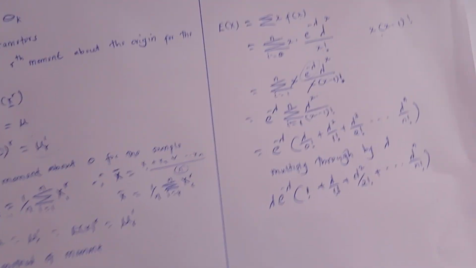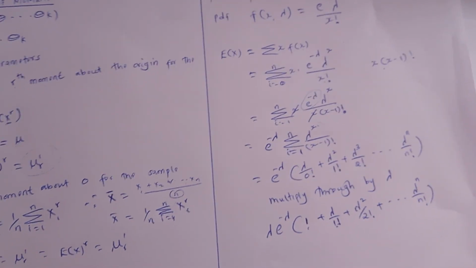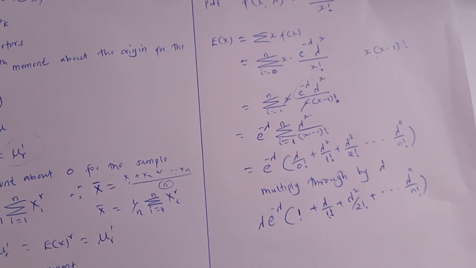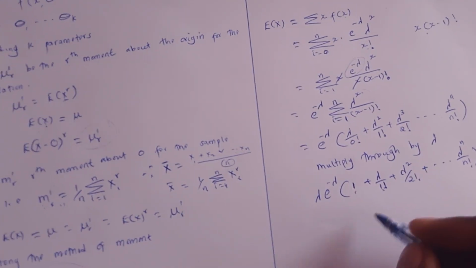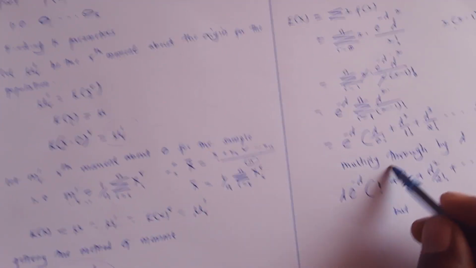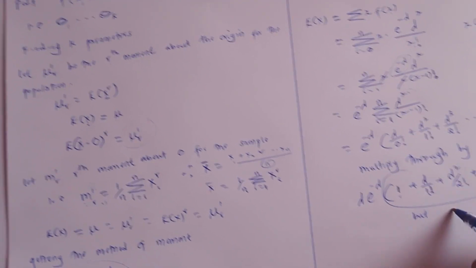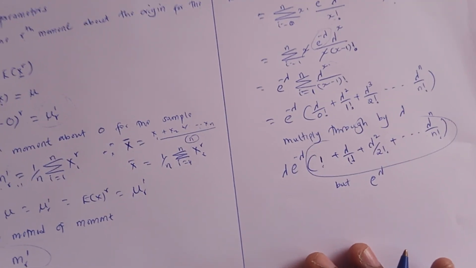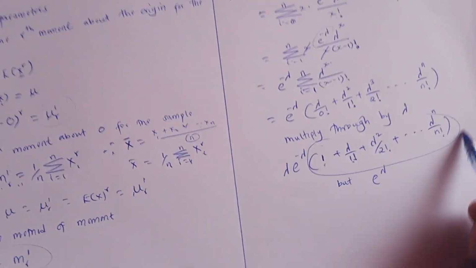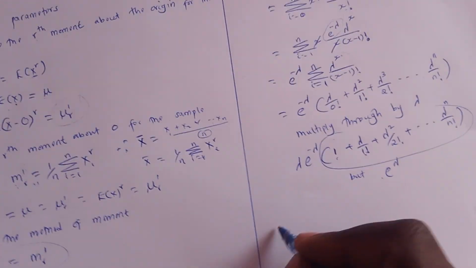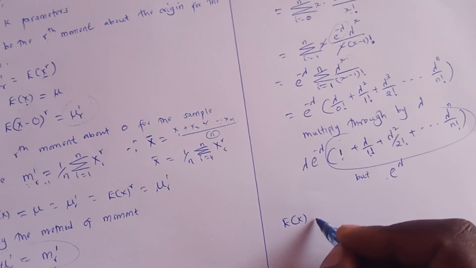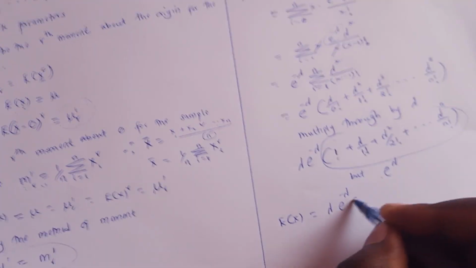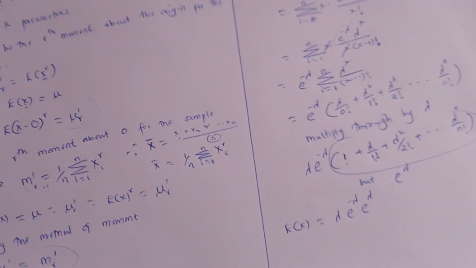So upon reaching there, the whole of this is the same as e to the lambda. And the other factor is e to the negative lambda. So my expected value of x is equal to lambda e to the negative lambda e to the lambda.